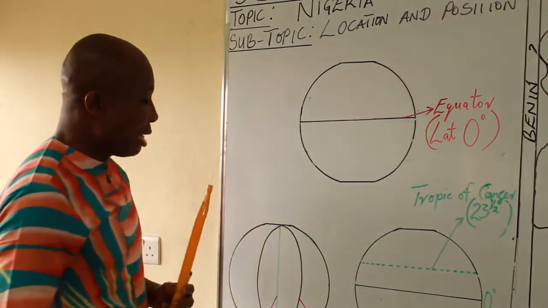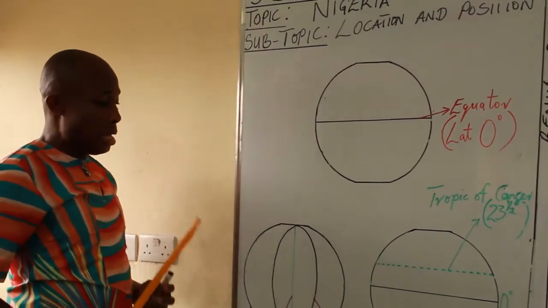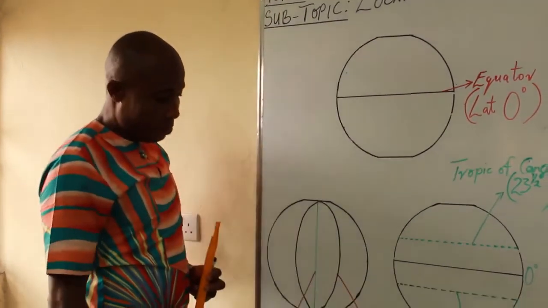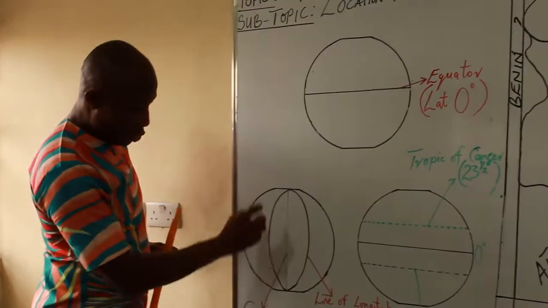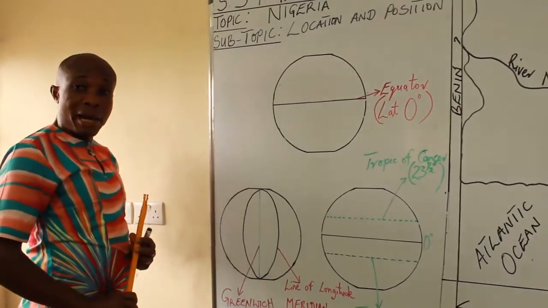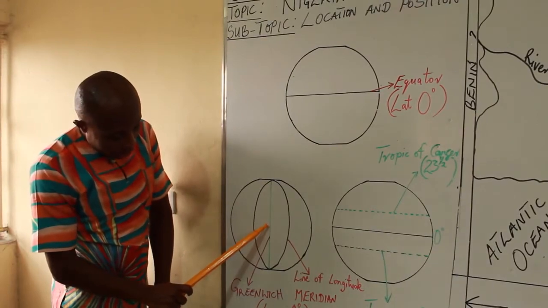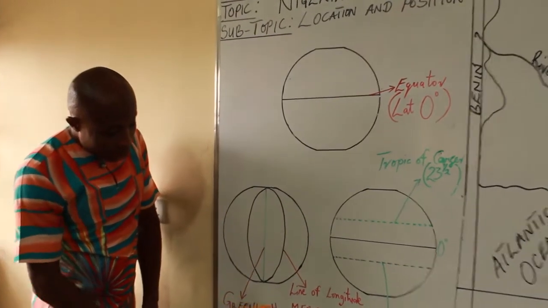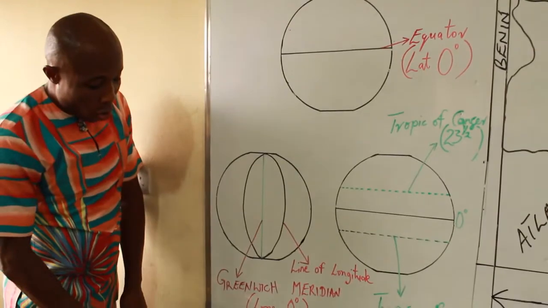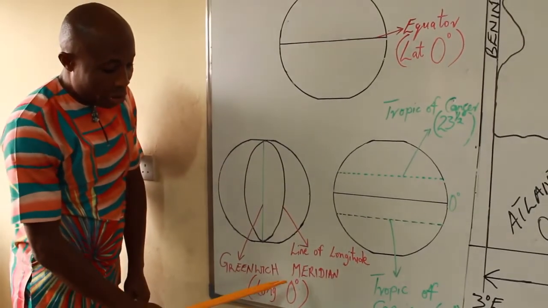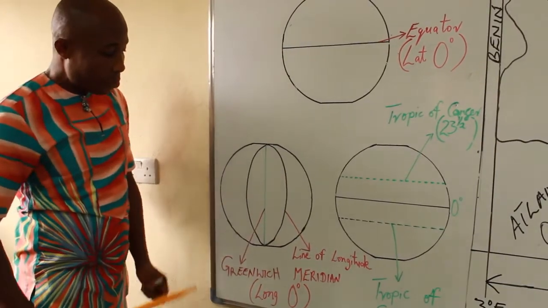Okay, let's get down to the next drawing. Here we have another drawing which shows three cardinal lines. The one in green color is what we call the Greenwich Meridian, or longitude 0 degree.